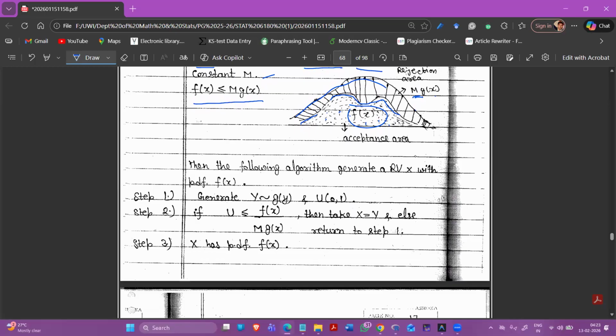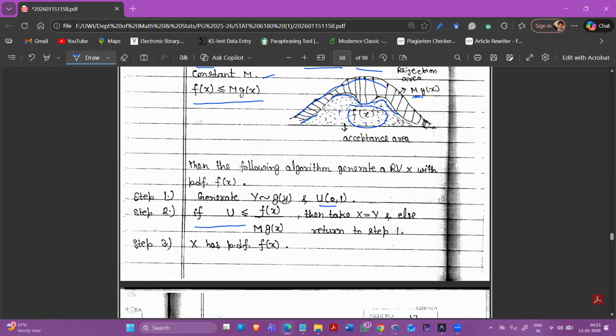First of all, you need to generate y from the density function g(y), and u from the uniform distribution on (0, 1). After that, you need to check this relation: u should be less than or equal to f(x) divided by M times g(x).